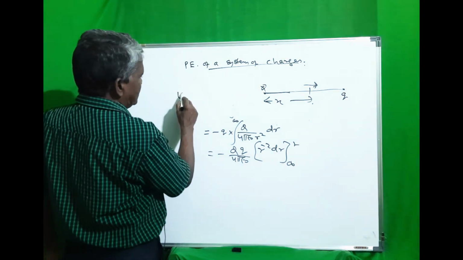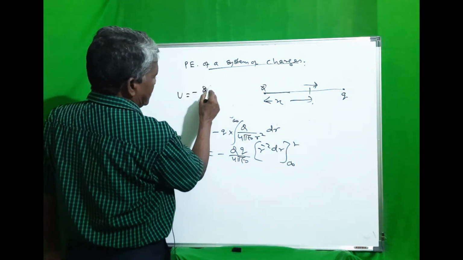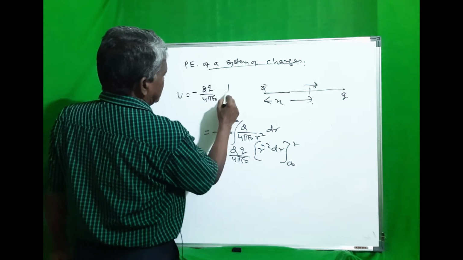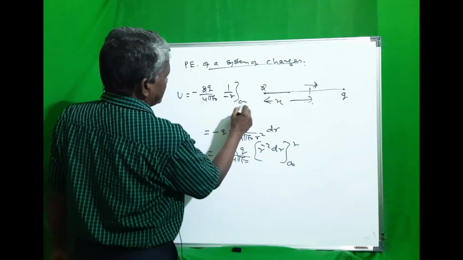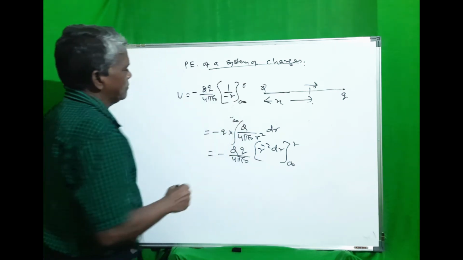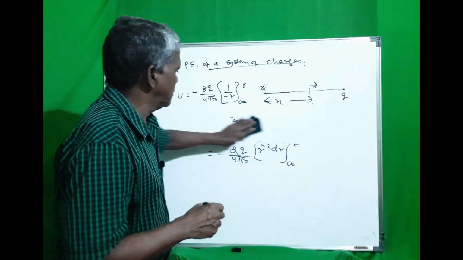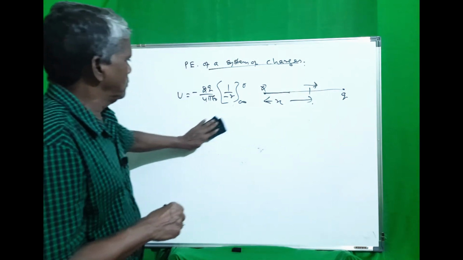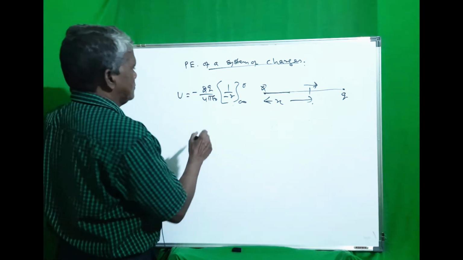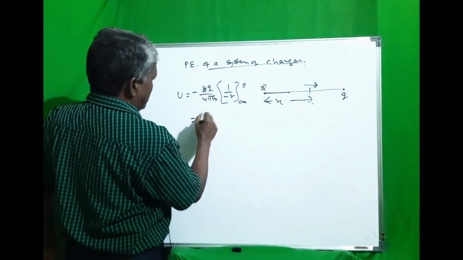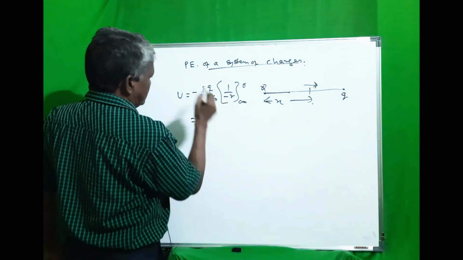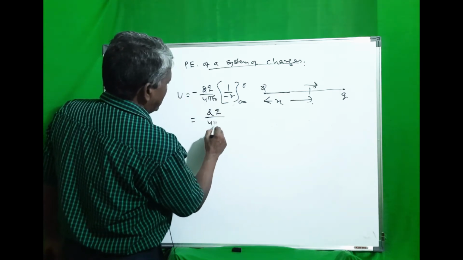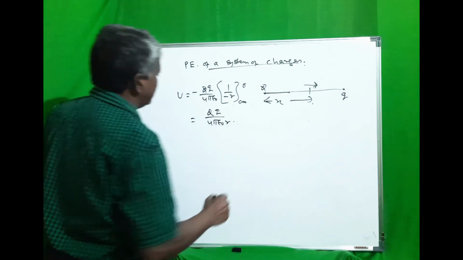Or U is equal to minus Qq by 4 pi epsilon 0 into 1 by minus r. So it is plus Qq by 4 pi epsilon 0 r.